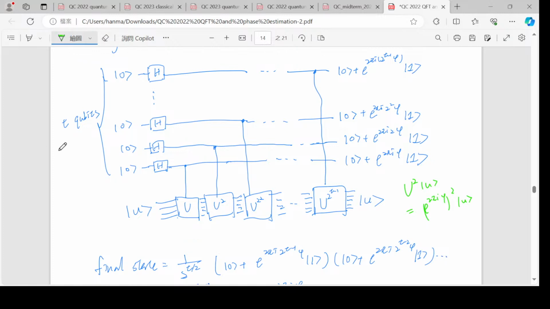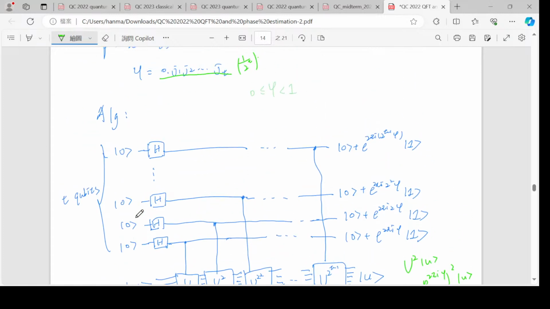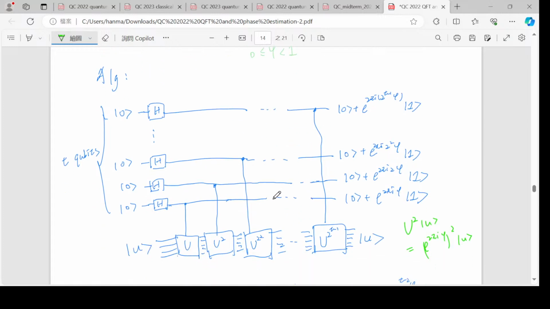Then we keep going. On the third qubit, we control it and apply U to the 2 to the 2, so basically U to the 4th. We keep this exponential up, and finally on the next qubit, we apply U to the 2 to the T minus 1.